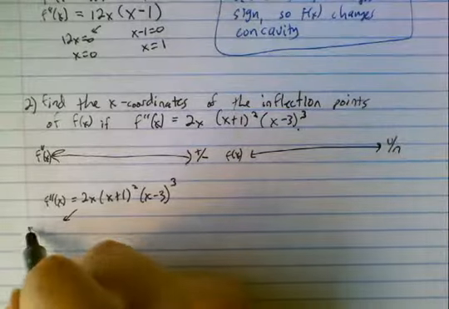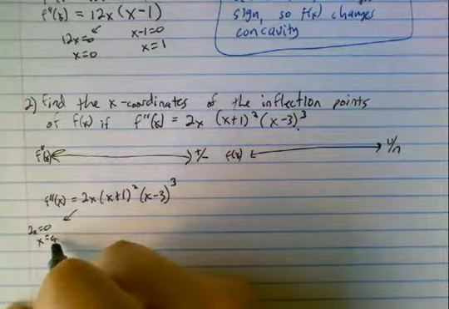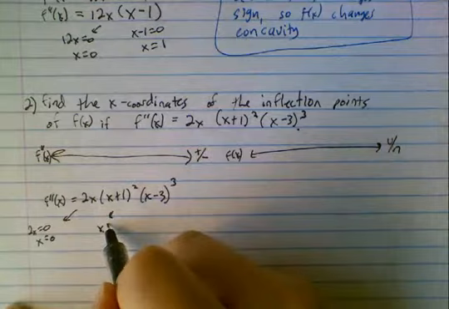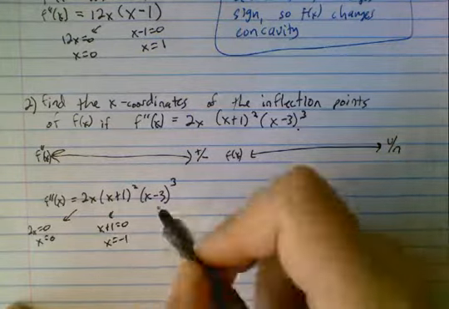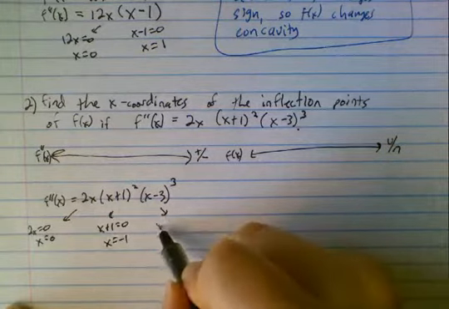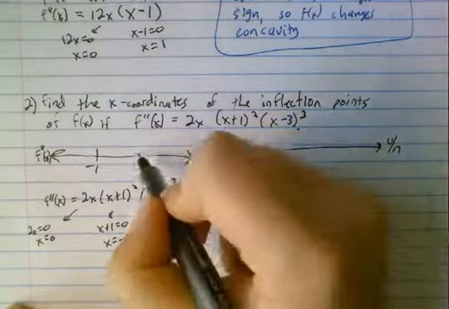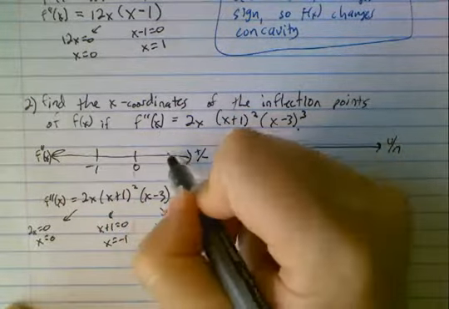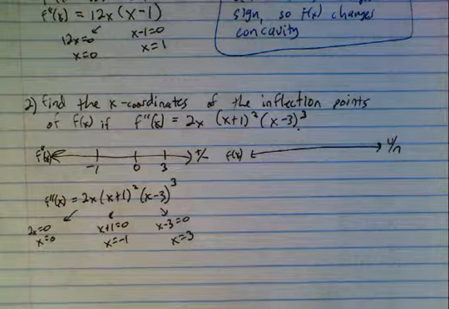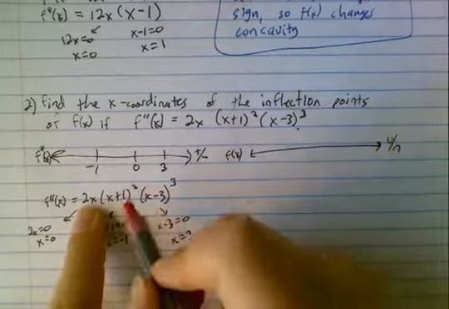So we can find our zeros. We've got negative 1, 0, and 3. Now we can use this to make our sign chart.